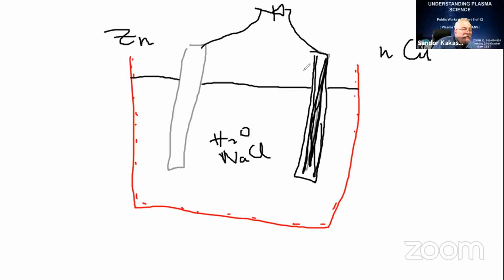So what happens here? Once you put two metals of a different kind into a salt environment, into salt water, you will find that there will be a little voltage in between. This little voltage used to be some 0.5 volts up to 0.9 volts. It depends on the quality of your nano coating and the concentration of salt. But anyway, the voltage will appear here.